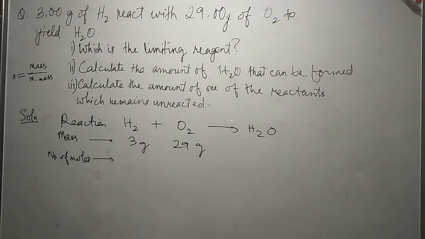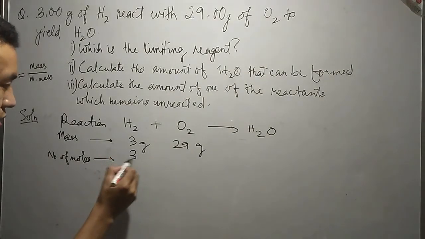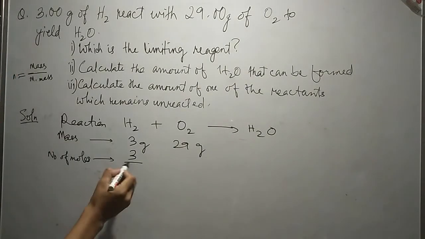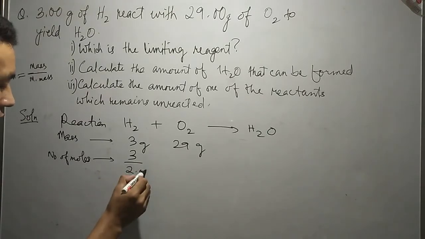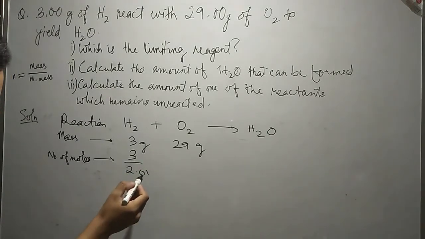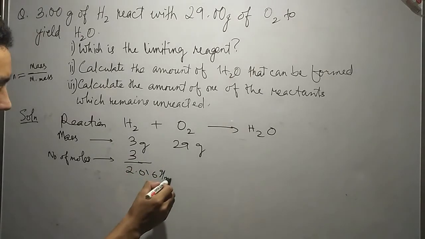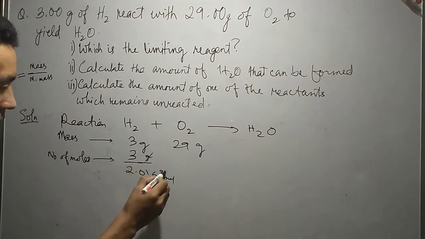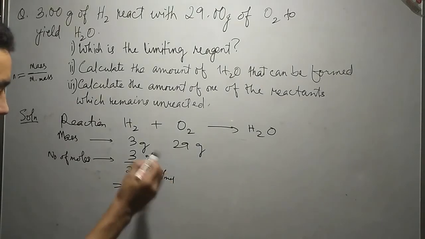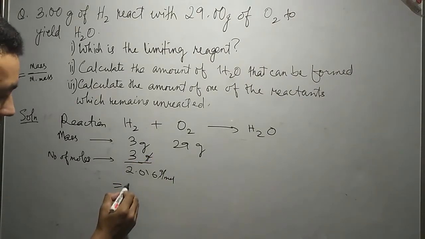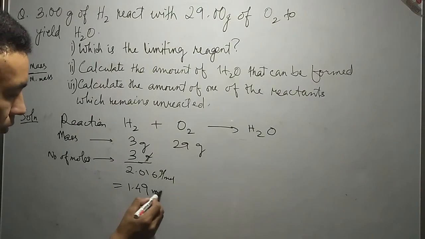Here the given mass is 3 gram divided by the molar mass, 2.016 gram per mole. The gram gets cancelled and the mole goes up, so it will be 1.49 mole.